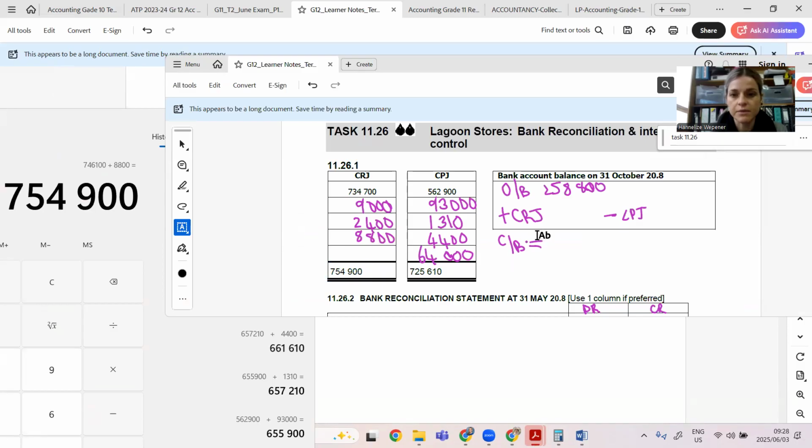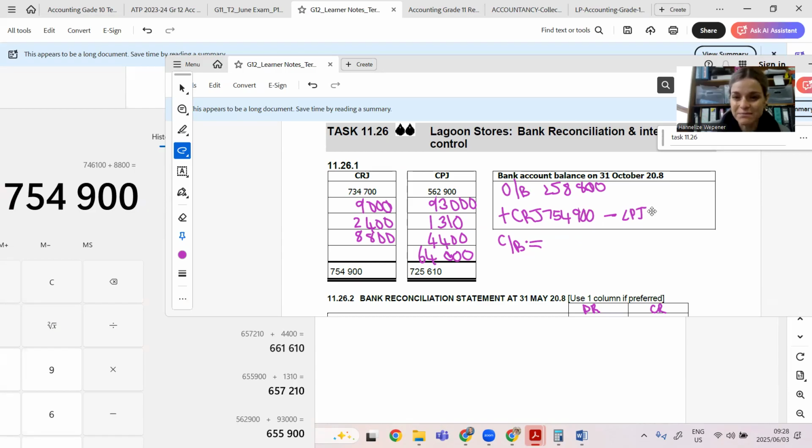Okay, and remember we said that we must take whatever we got in the CRJ, and we must now add this to our opening balance. So we received 754,900 Rand. Focusing very hard with the writing, as you can see.